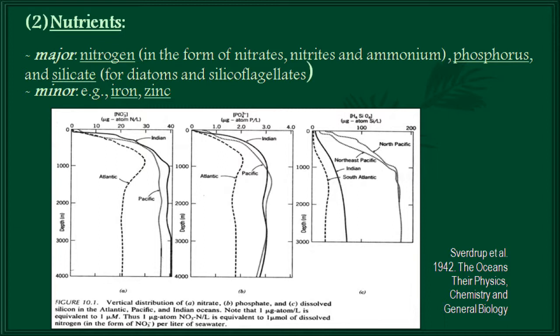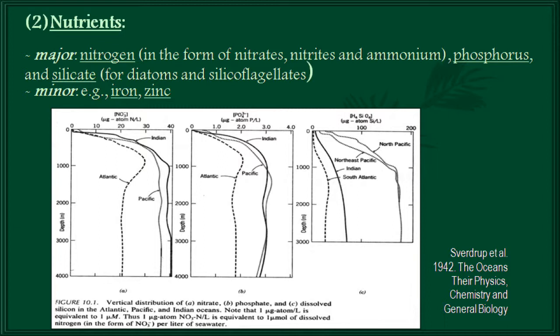And here, you see that there are different distributions of your nutrients through the water column. At the surface, they're pretty much low concentration, but as you go down deeper, all the way to, for example, 1,000 meters, nutrients become really high for nitrate, phosphate, and your silicate.